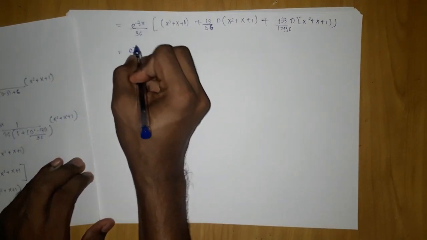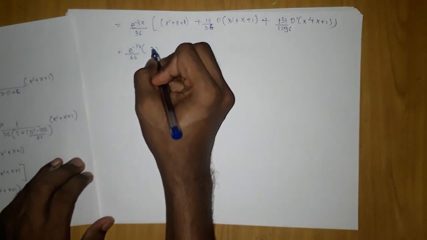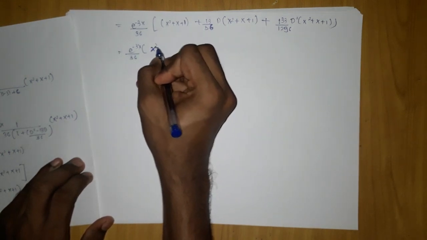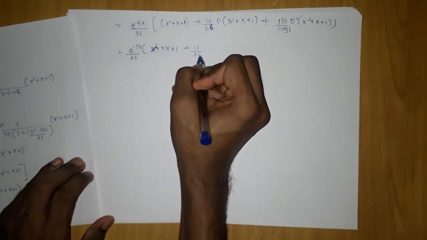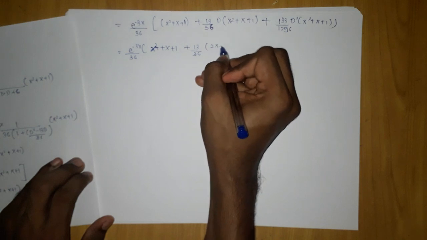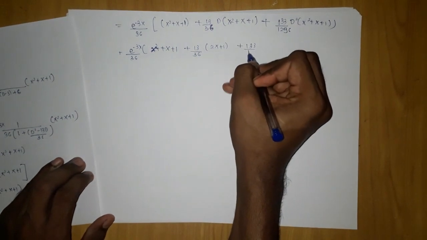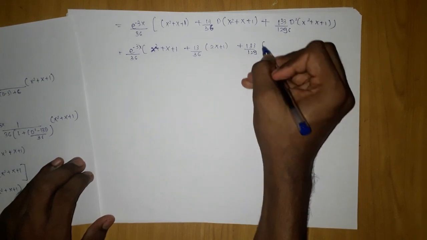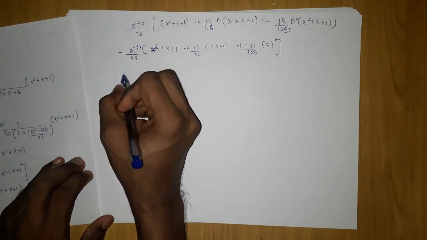So finally e to the power minus 3x by 36 bracket, x square plus x plus 1 will be there, and here 13 by 36, if you differentiate, 2x plus 1, and here if you differentiate further, 133 by 1296 bracket, this will be 2 only if you differentiate it again. So we are going to get this thing.